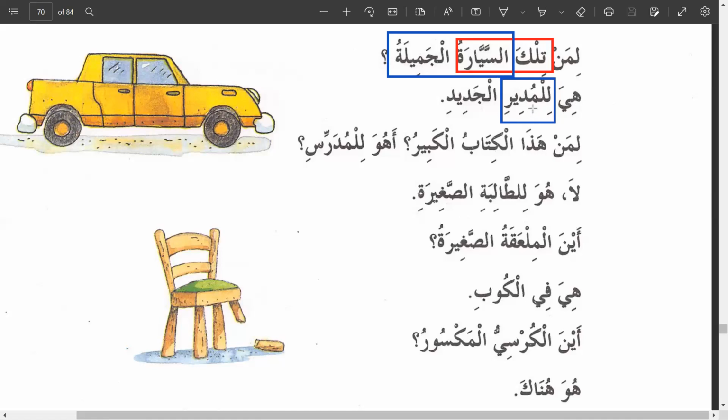So al-mudirul jadidi is which fragment? It is mawsoof-sifa. Why here is there? Why not huwa?